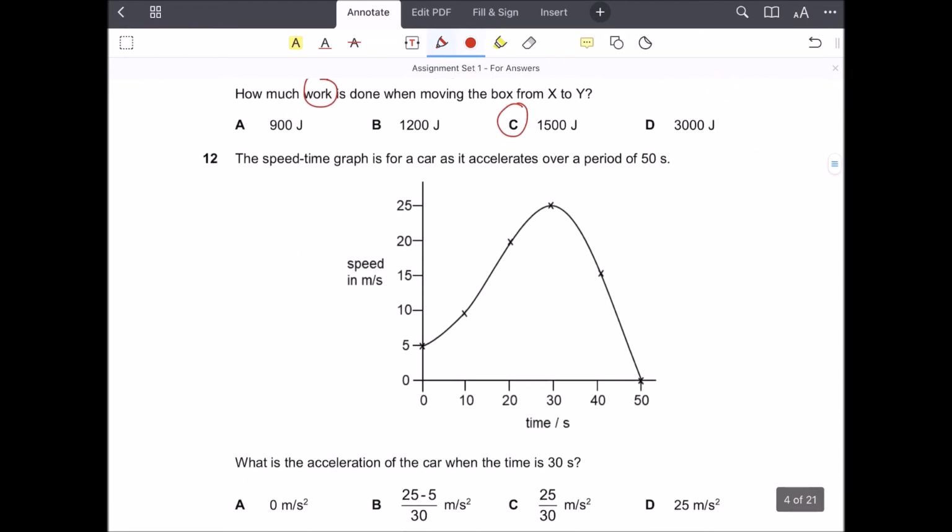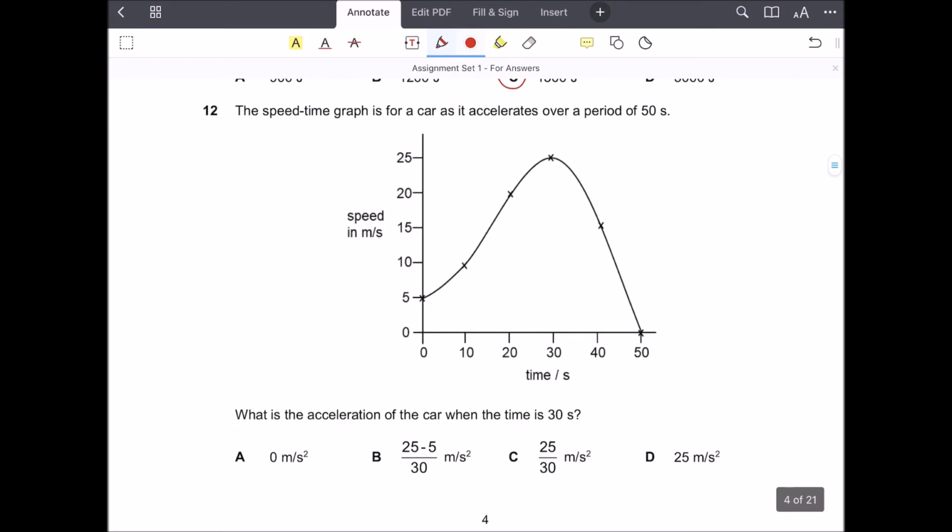Next one. Again, you see a graph. So two things that you have to take note, area or gradient. So when they talk about acceleration of the car, it would be the gradient. So they ask you about the gradient when t equals 30. So what is the gradient at a turning point or the maximum point?